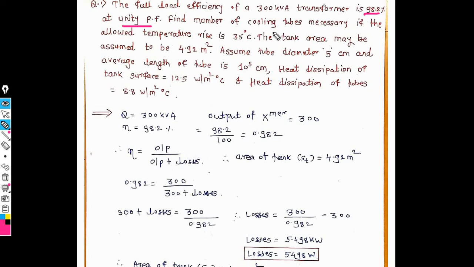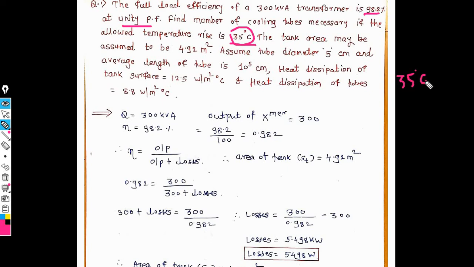The allowed temperature rise is 35 degrees Celsius. For the tank area, we have to consider the symphonic effect, that is we have to consider 35% value here.